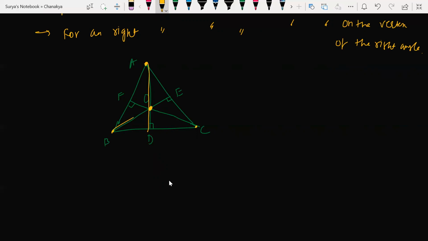BC. Of B? AC. Of C? AB. To the opposite side of each vertex I draw a perpendicular, and wherever the perpendiculars intersect, that is my orthocenter. These yellow lines are intersecting at one point called O. This particular point is called the orthocenter. Okay, sir.